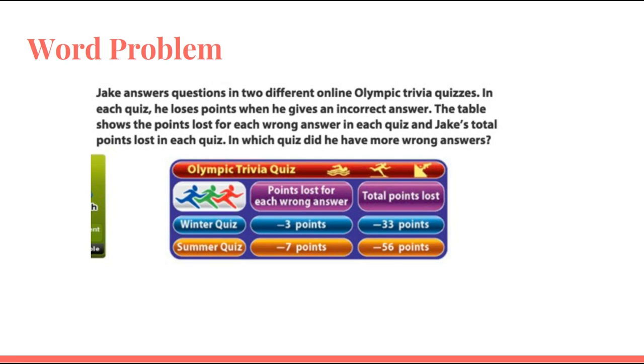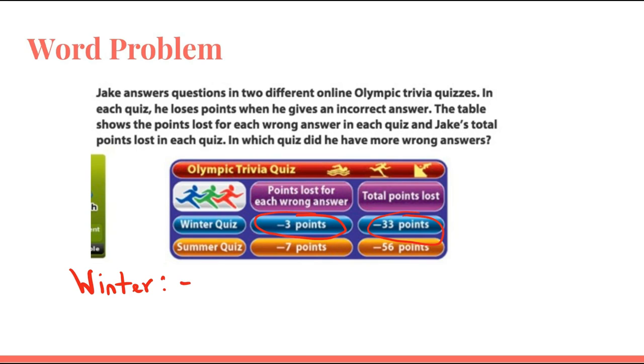So let's take a look at the winter quiz first. During the winter quiz, he lost a total of negative 33 points. Every time he answered a question wrong, it was negative 3 points. So we have to work backwards to figure out, if he lost 33 points and each one is 3 points, how can we figure out how many questions he got wrong?